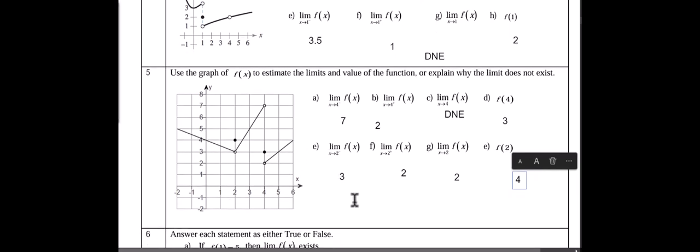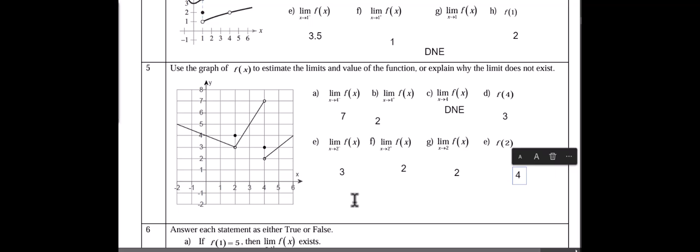At 2, the limit does exist because the right and left hand limits are the same. The limit as x approaches 2 from the left is 3, and the limit as x approaches 2 from the right is also 3. So from the right, traveling down this line, you get to 2, and it is 3.